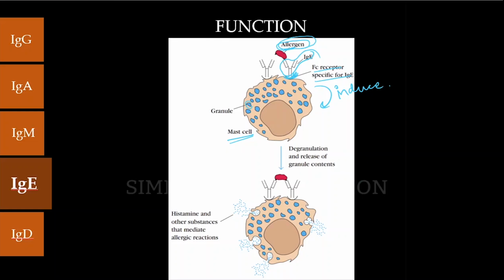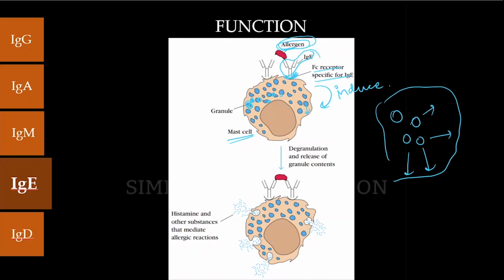These mast cells or basophils have many granules inside them, and they are induced to move the granules to the plasma membrane.